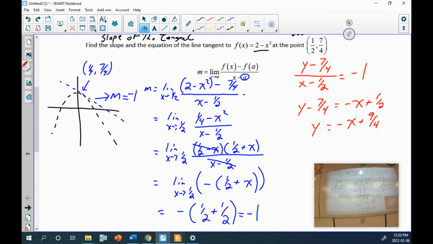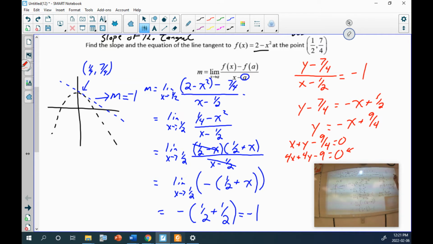If I wanted it in standard form, I would just go x plus y minus 9/4 is equal to 0. So I would have 4x plus 4y minus 9 is equal to 0. Because in standard form, we tend to not like fractions. You're going to see the answers in the textbook look like that.